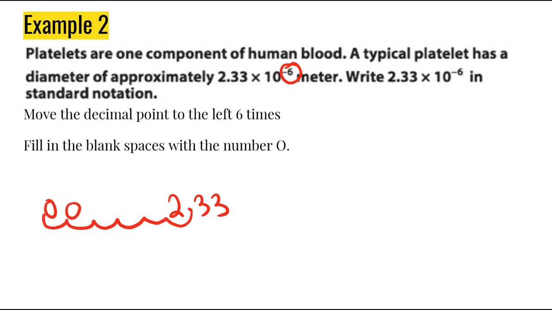Anywhere I have a blank spot, I fill in with zeros, and my decimal point goes at the very end. So it's 0.0000233, which obviously is a very small value. And that makes sense. The larger our negative exponent is in scientific notation, the smaller the number we actually have.